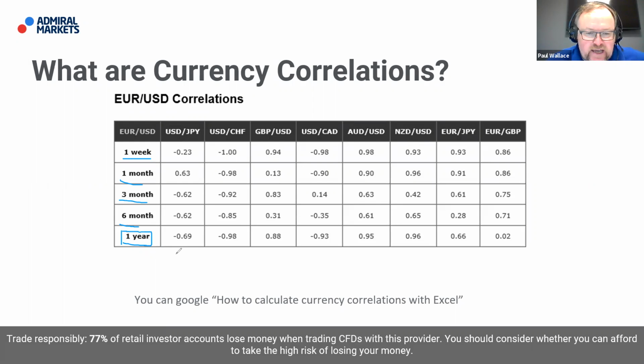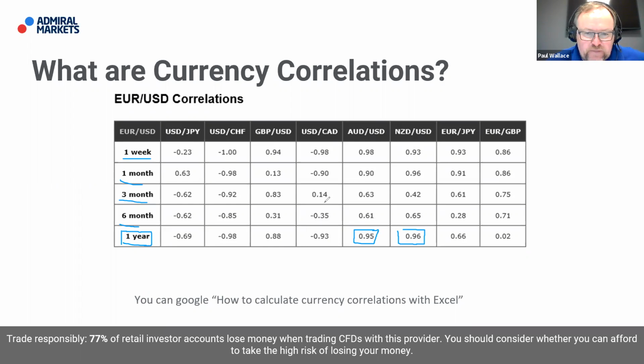Well, what we can see here is that there is a 0.95, okay, 0.96, positive correlation between the movements of the euro dollar and also the Aussie dollar and the Kiwi dollar. Does anybody have a particular understanding of why that might actually be occurring? Why that currency correlation might be so strong?